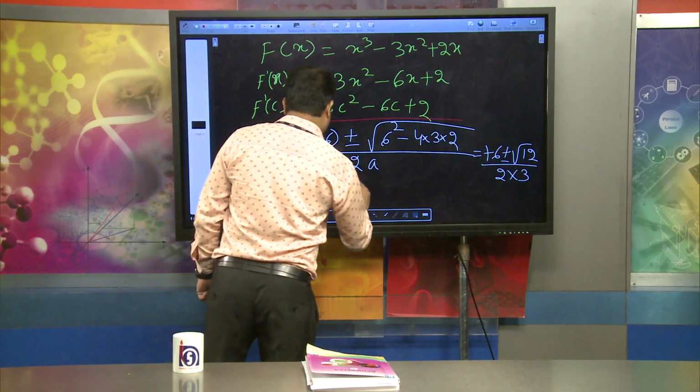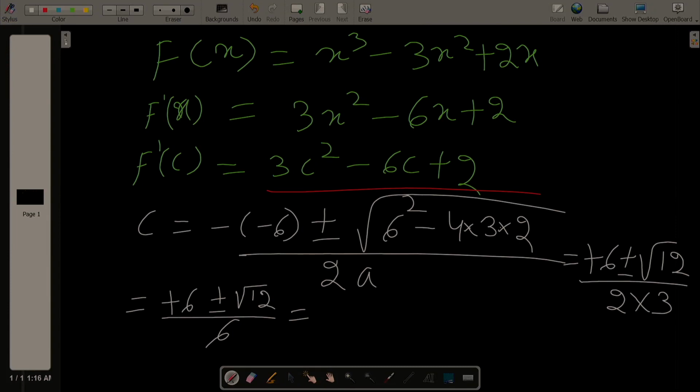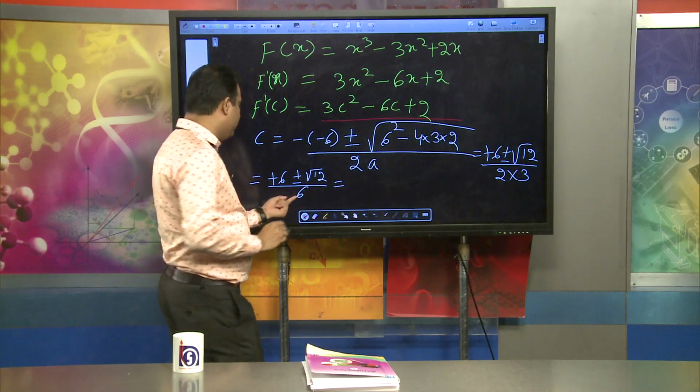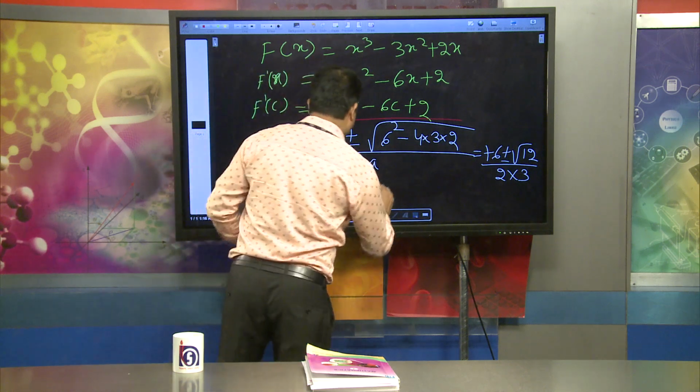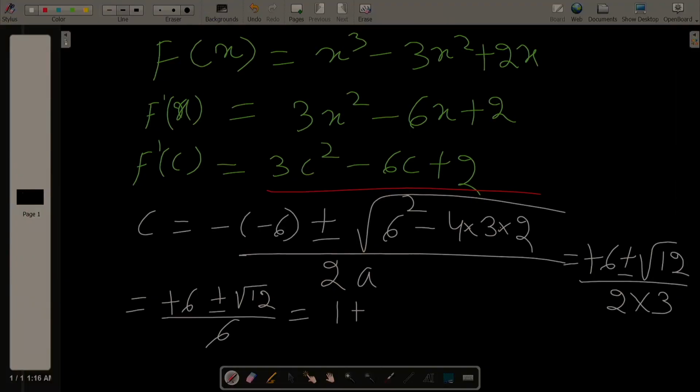So that is 6 by 6, which is 1, plus minus the square root of 12 by 6, which equals plus minus 1 by root 3.